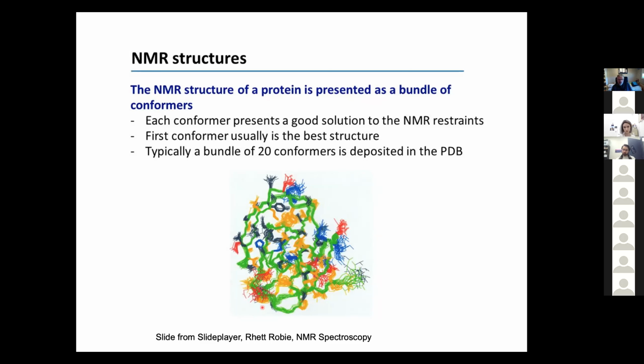And you see this is a pretty well-defined structure, but something that we've also talked about already: usually the ends of the protein, the N-terminal and the C-terminal ends, are not necessarily extremely well-defined because they tend to be a bit floppy, and that's often discovered by comparing these 20 conformers.